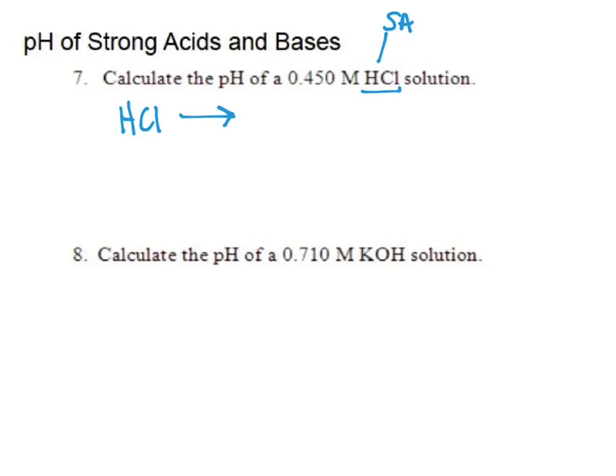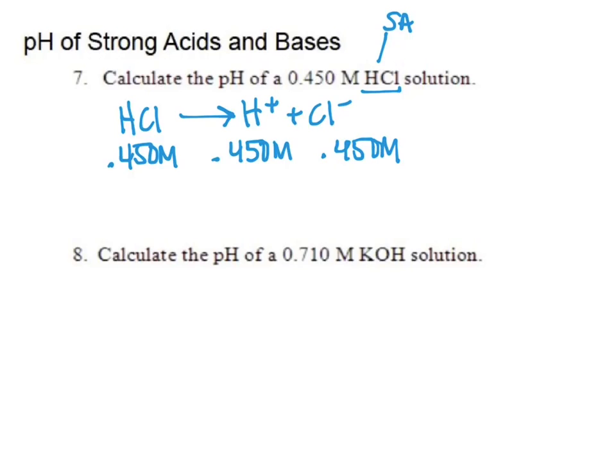So it's going to break up into H plus and Cl minus. The concentration is 0.450 molar, which means when this breaks up, H plus is going to be 0.45 molar and 0.45 molar for my Cl minus.